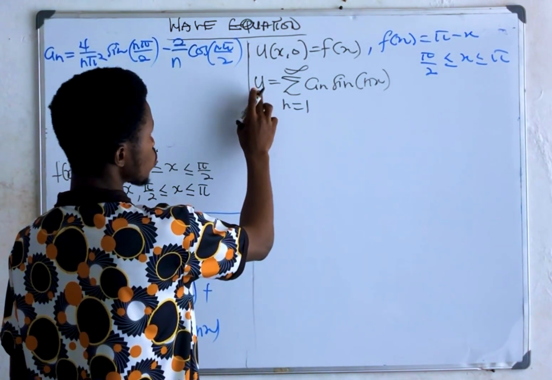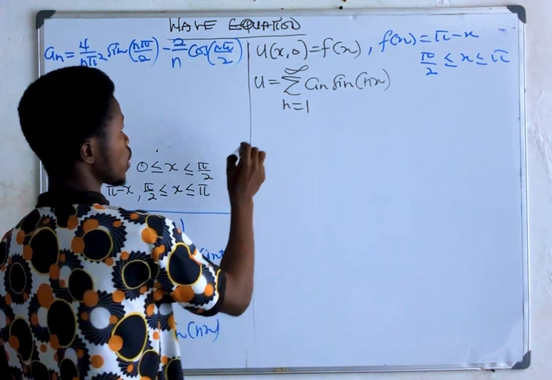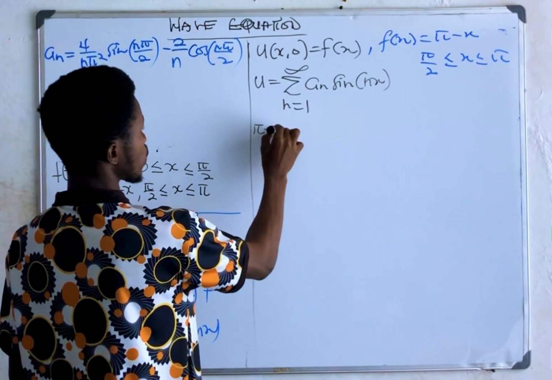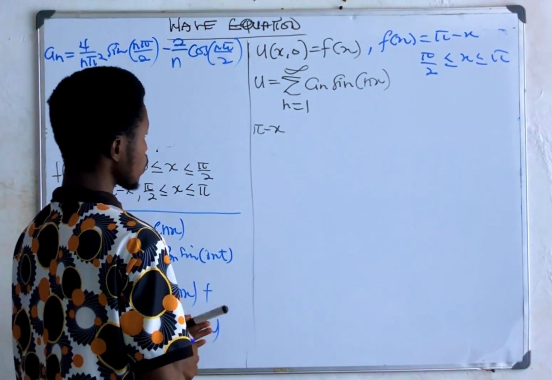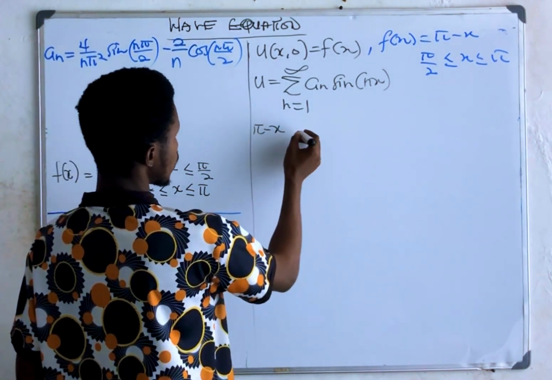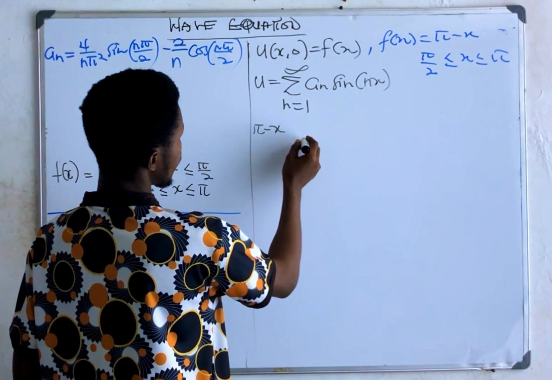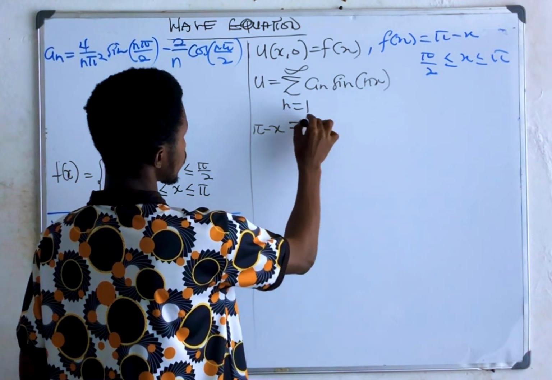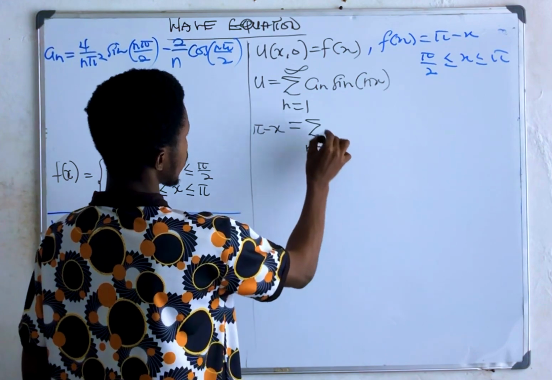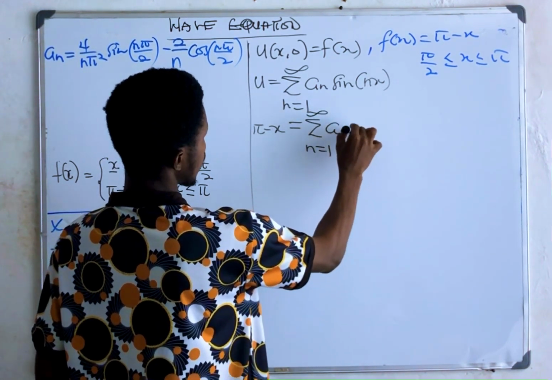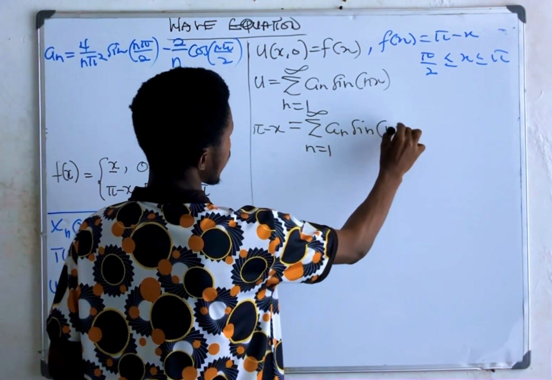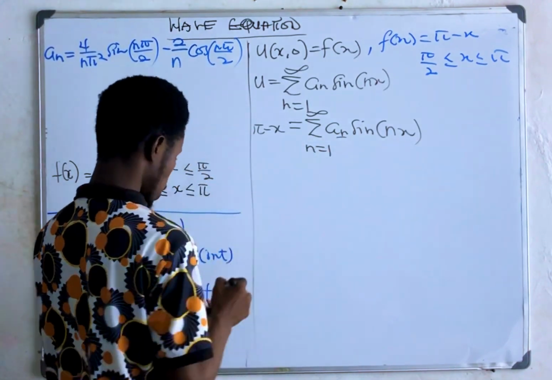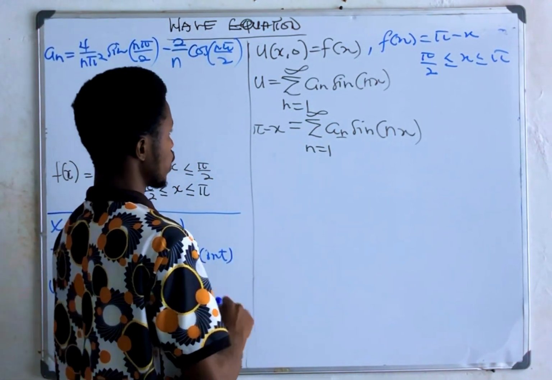So u is the same as f of x, which is giving us pi minus x, equals the sum from n equals 1 to infinity of a_n sine nx. So now you need to find a_n.